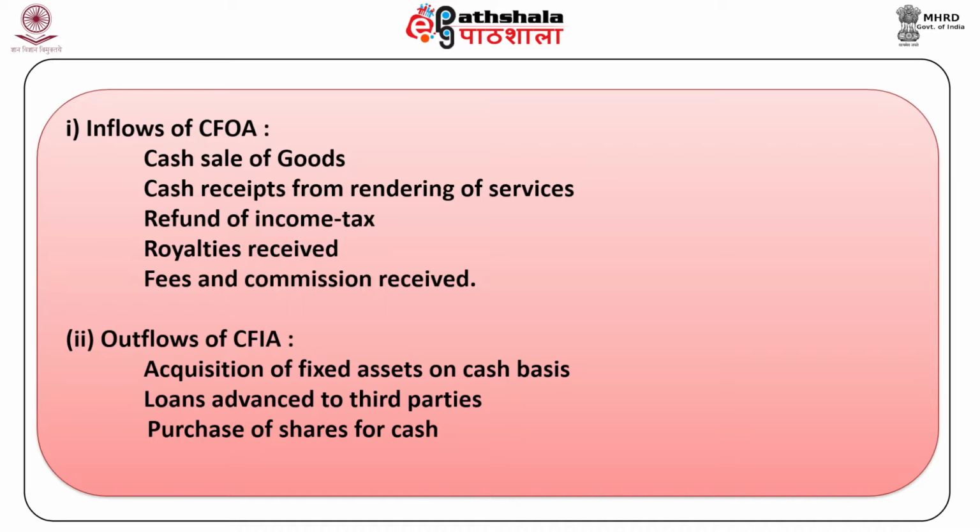Inflows of CFOA are cash sale of goods, cash receipts from rendering of services, refund of income tax, royalties received, fees and commission received. Outflows of CFIA are acquisition of fixed assets on cash basis, loans advanced to third parties, purchase of shares for cash.